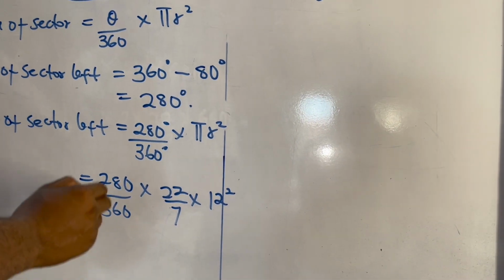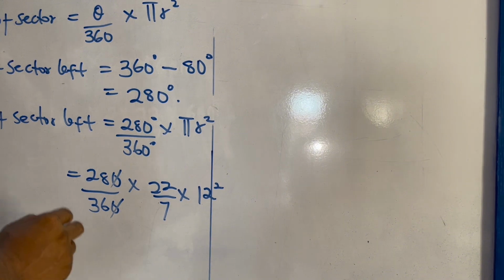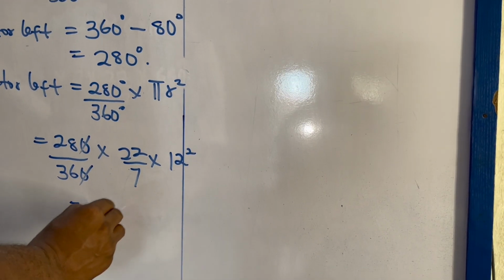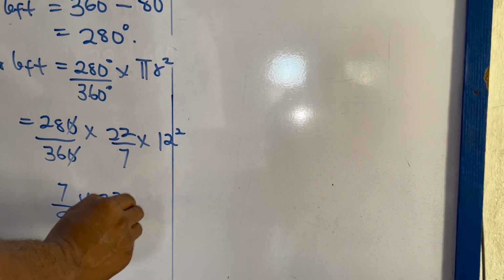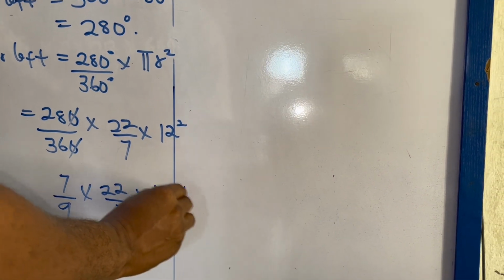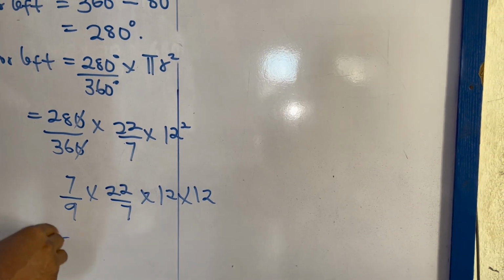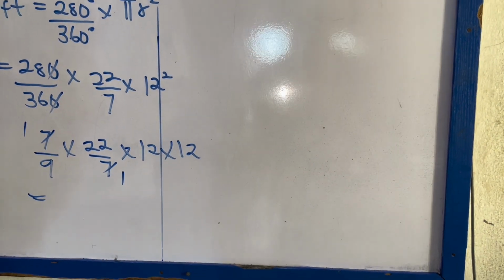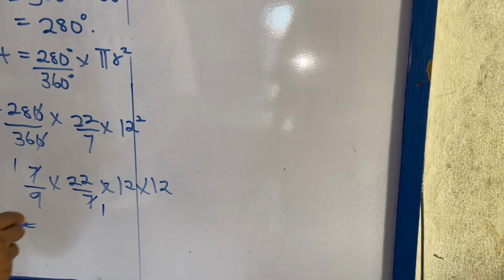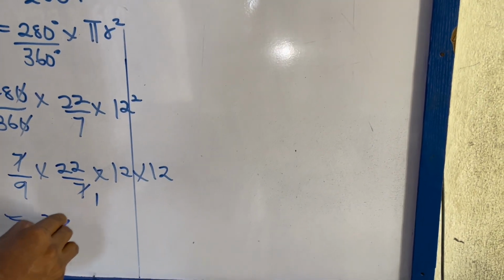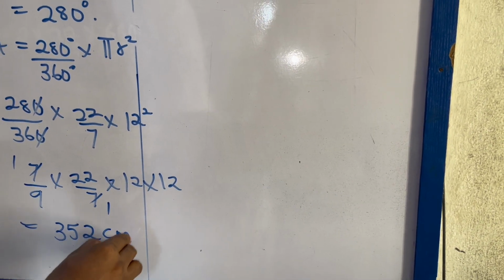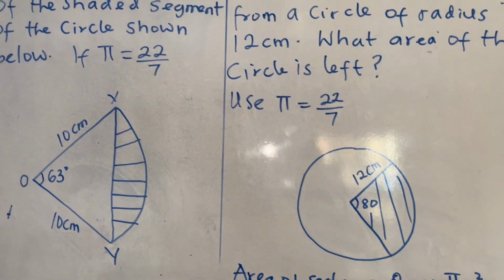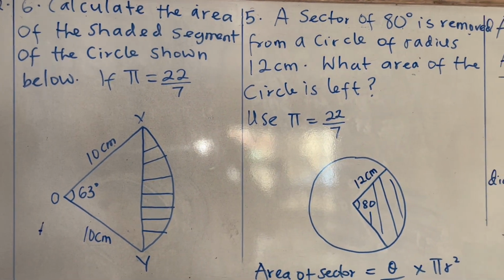So now if you reduce this, we have 7 over 9 times 22 over 7 times 12 times 12. So if you simplify this, 7 goes into itself, 1 goes in here, 1. So if you simplify this, this will give us 352 centimeters squared.